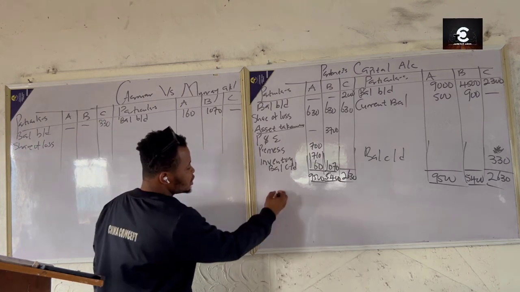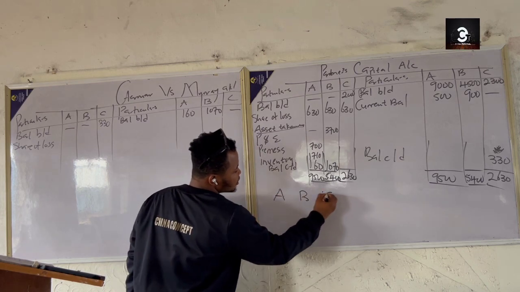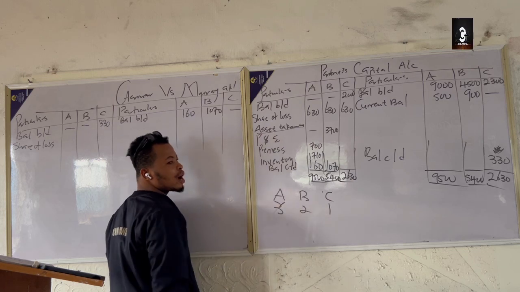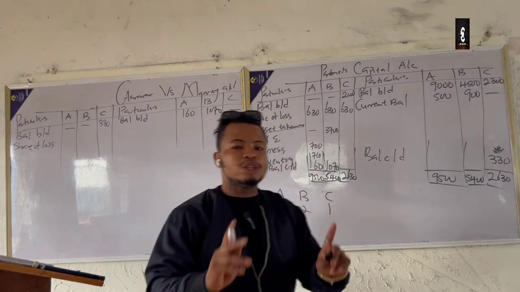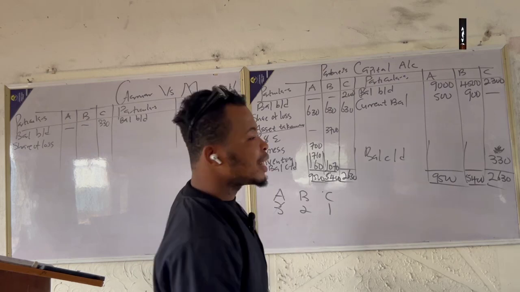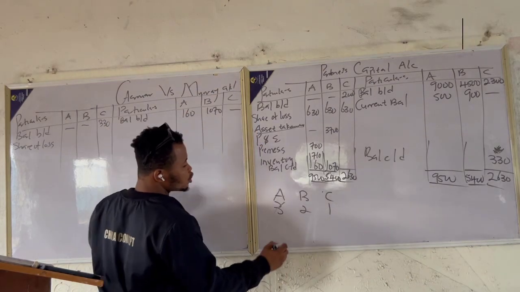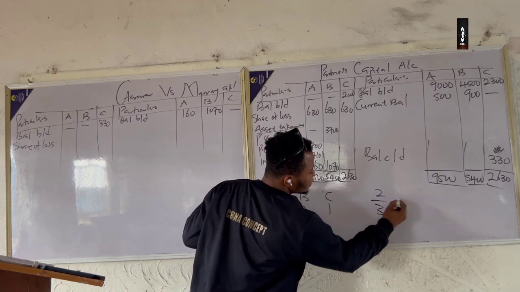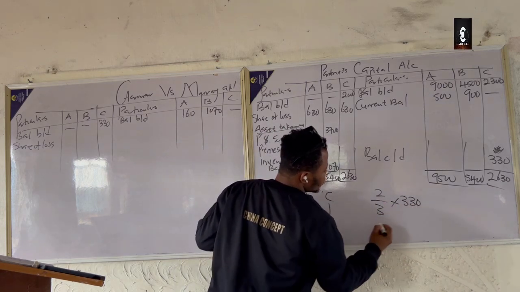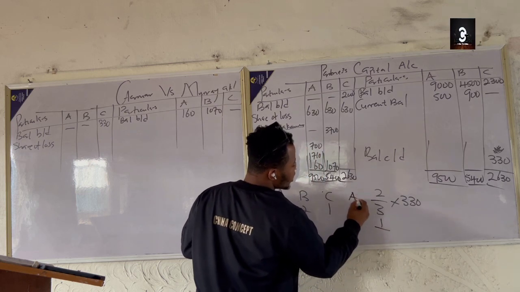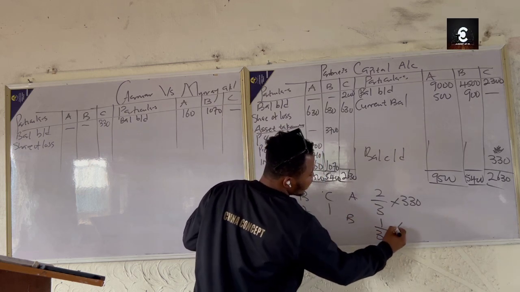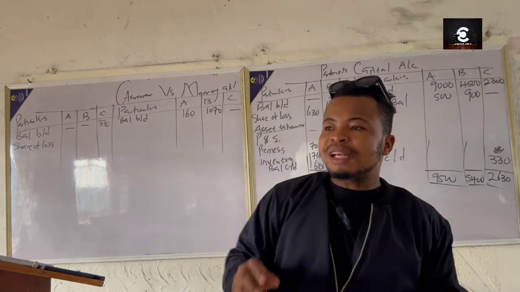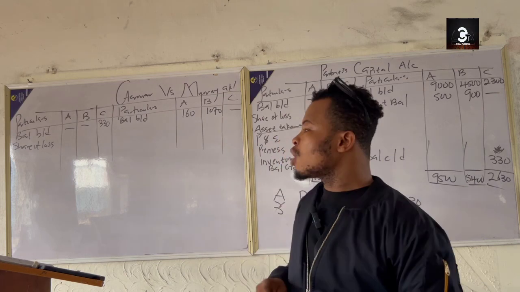There are 3 persons in business, A, B, and C. They are supposed to share 3:2:1. But C is no longer available. How many persons are now remaining in business? 2. And we are going to share a loss of 330. So I'm going to have 2/3 times 330 for A, and 1/3 times 330 for B, because there have been 3 in business and 1 person is no longer available.